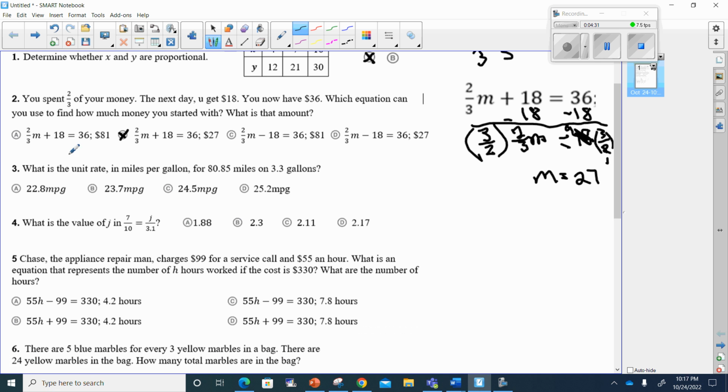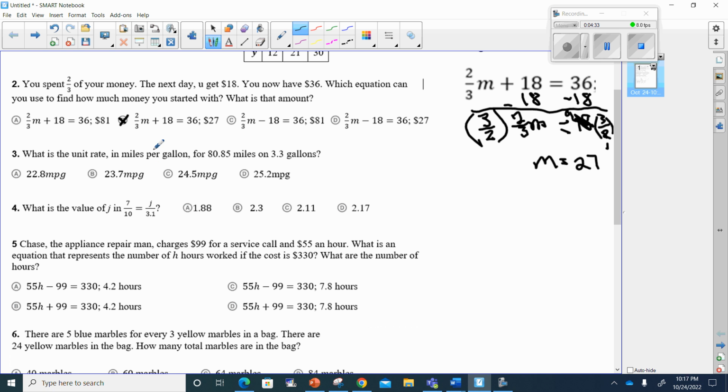All right, what is the unit rate in miles per gallon? They're talking $80.85 on 3.3 gallons. So they want the unit rate in miles per gallon. All right, remember, a unit rate tells us how much 1 is.